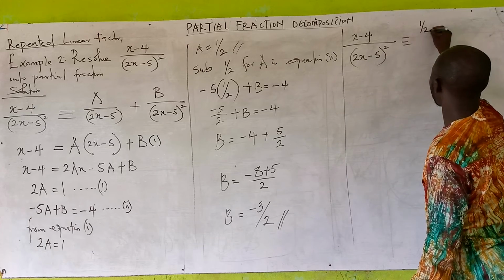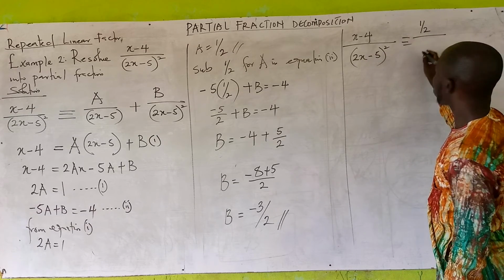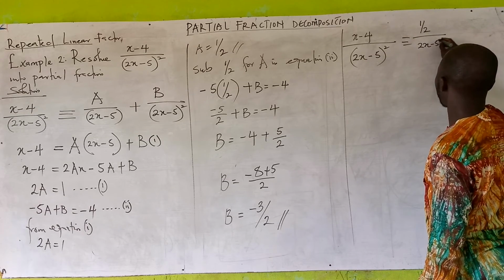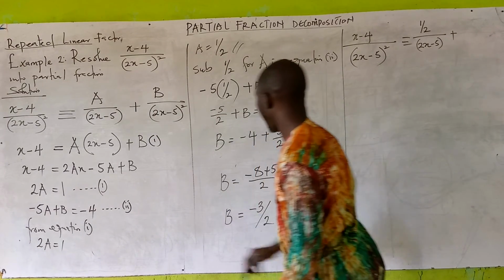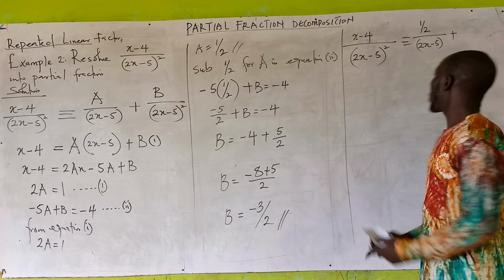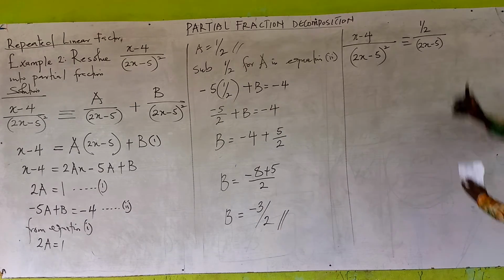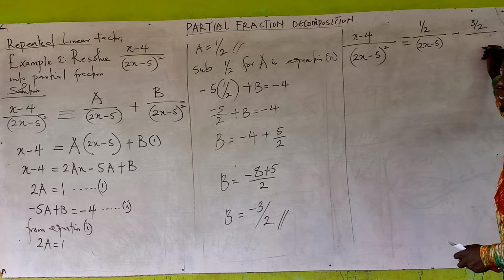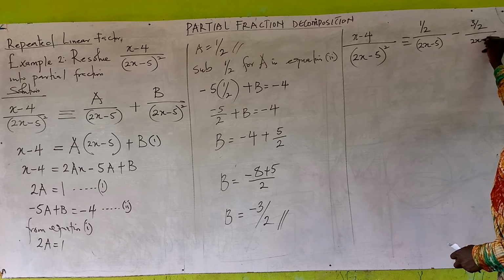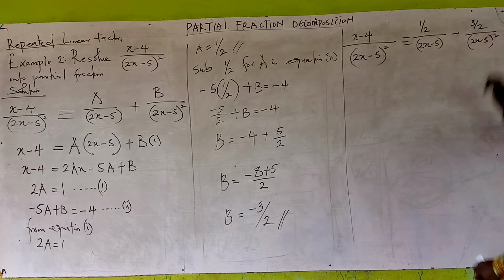This is 1 over 2 divided by 2x minus 5 plus b. What is our b? Our b is minus 3 over 2. So that negative is going to affect this. So we have minus 3 over 2 divided by 2x minus 5 all raised to the power 2. So this is the solution to that problem.